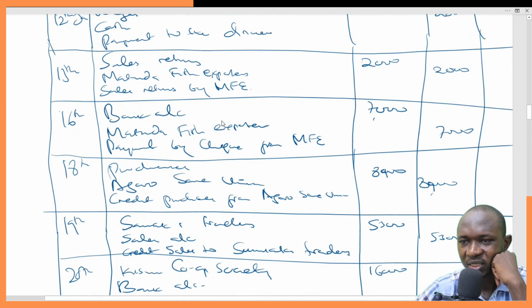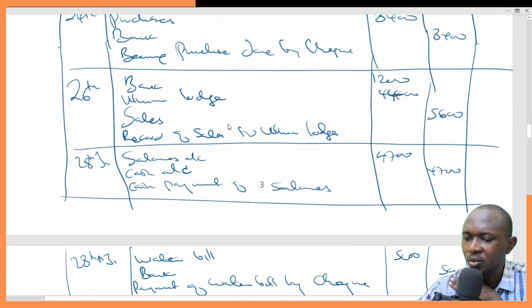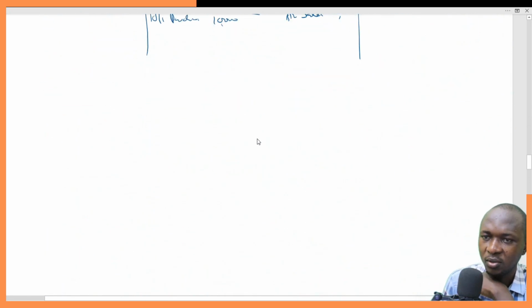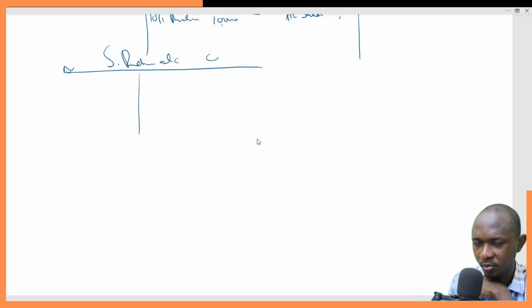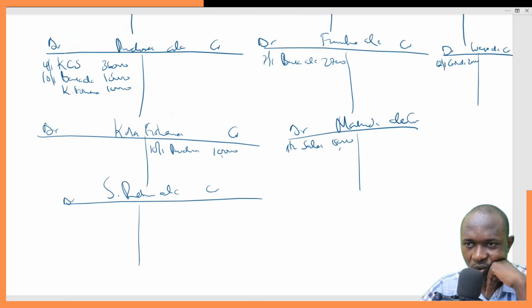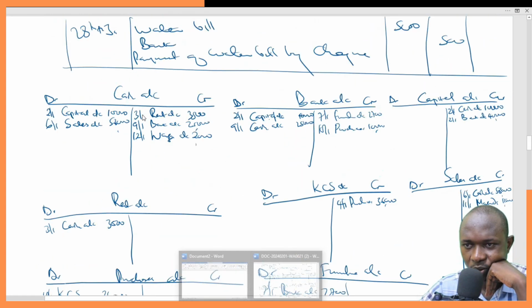We debit sales returns, and then we credit Matunda fish exporters with 2,000. You simply open sales returns account. Sales returns account, credit, debit, and we have been told that goods were returned worth 2,000 shillings, I think. So we will debit sales returns and credit Matunda with 2,000.